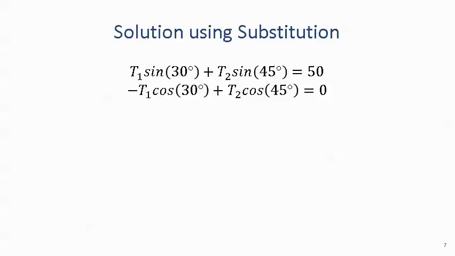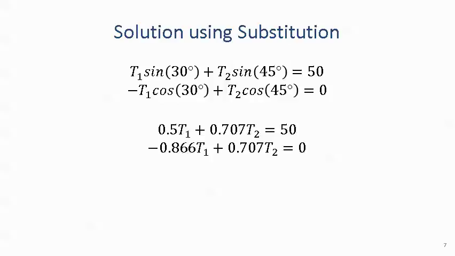The first technique we're going to use is substitution. So we set up our equations, and now we're going to solve by putting in the values. Now we can keep it symbolic, sine of 30 degrees, cosine of 45 degrees. We could hold that for a number of steps in the equation, or we can put the numbers in right away. For this particular problem, I've chosen to put the numbers in immediately.